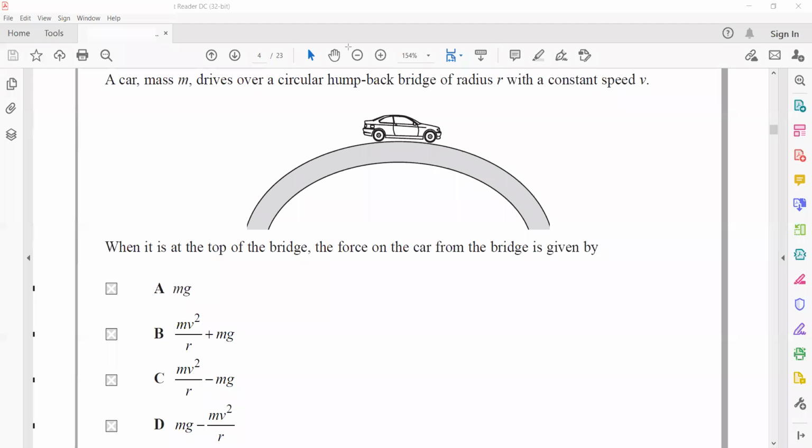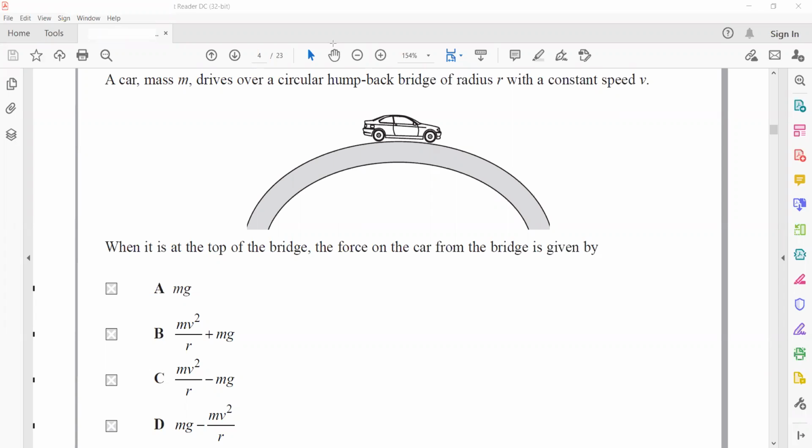So in this question, a car of mass m drives over a circular ramp, a humpback bridge of radius r, with a constant speed, that is v. When it is at the top of the bridge, the force on the car from the bridge is given by. So we need the force on the car by the bridge.